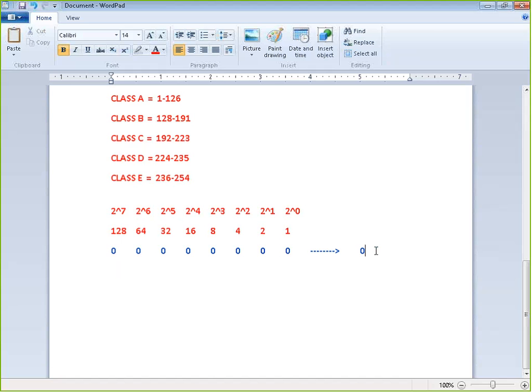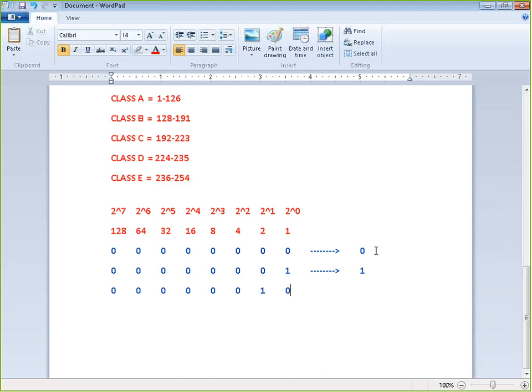Now let's talk about the next decimal value. It is 0, 0, 0, 0, 0, 0, 0, and then the last bit is 1, so it represents a decimal value of 1. The next is 1, 0, which represents 2.